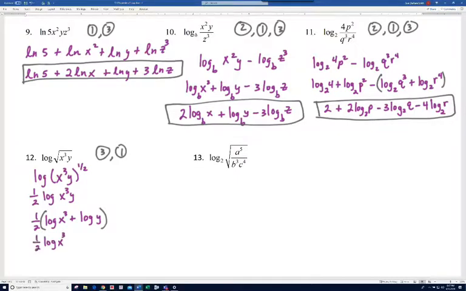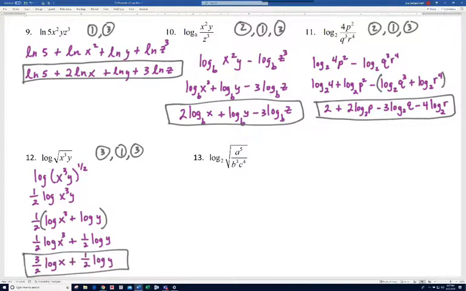And so this becomes 1/2 times the log of x cubed plus 1/2 times the log of y. And then we can use property 3 again, and let's pull this 3 out front. And we end up with 3 times 1/2 is 3/2. 3/2 log of x plus 1/2 the log of y.